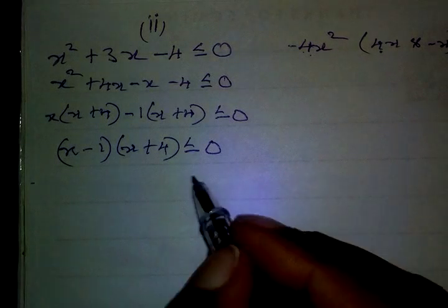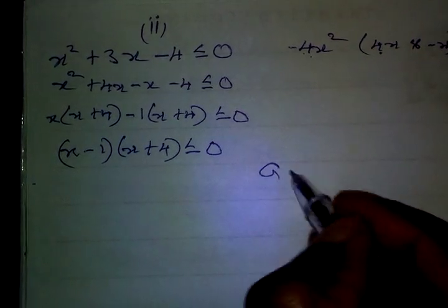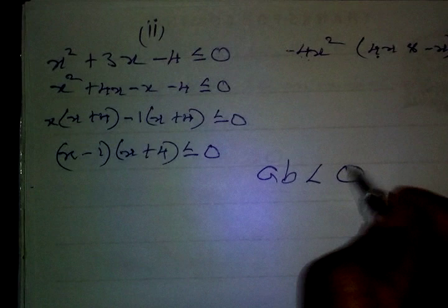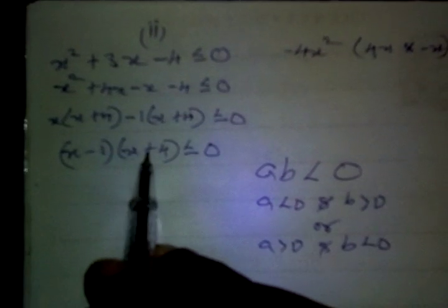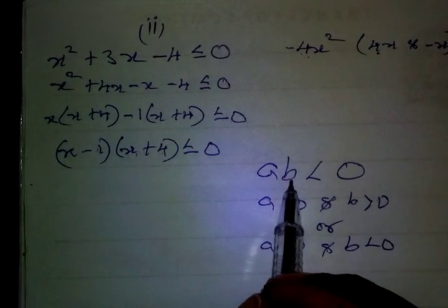So now we apply our rule. Remember, if a times b is less than 0, it means that a is less than 0 and b is greater than 0, or a is greater than 0 and b is less than 0. So in this case, x minus 1 will be my a, x plus 4 will be my b.